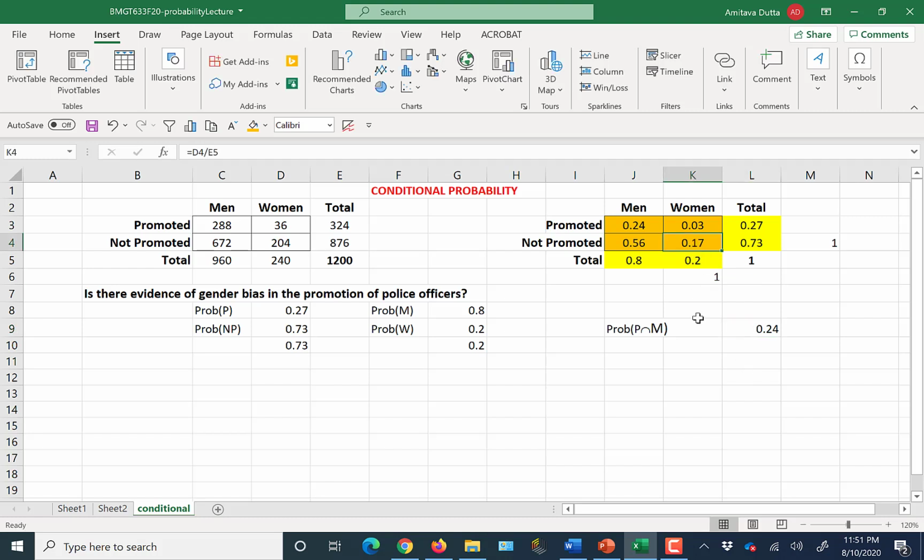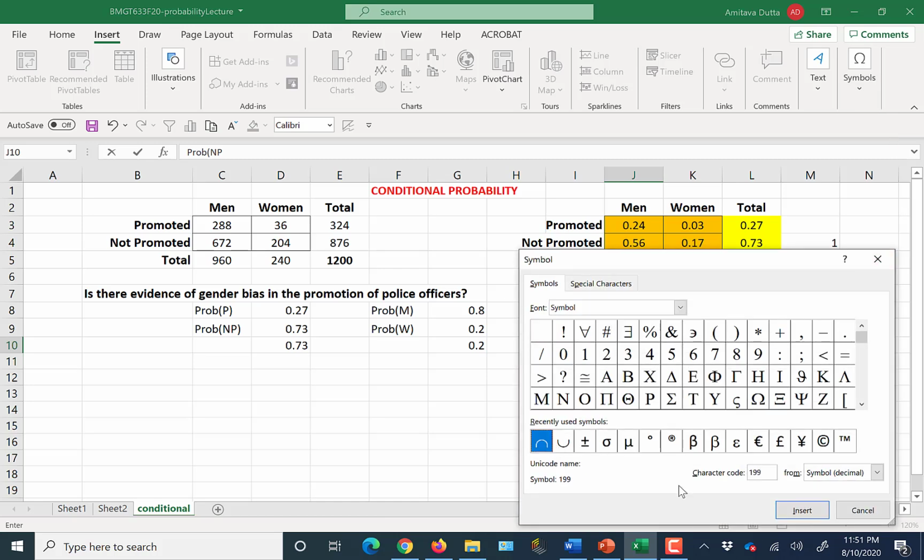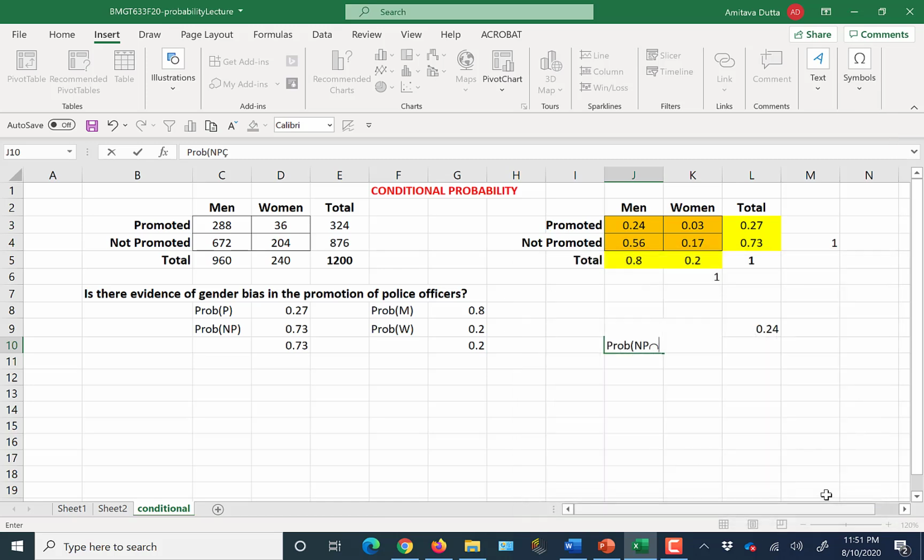Similarly, if I take the 0.17, what is it the probability of? It is the probability of being not promoted, NP, and the officer being female. So 0.17 is at the intersection of not promoted and women.